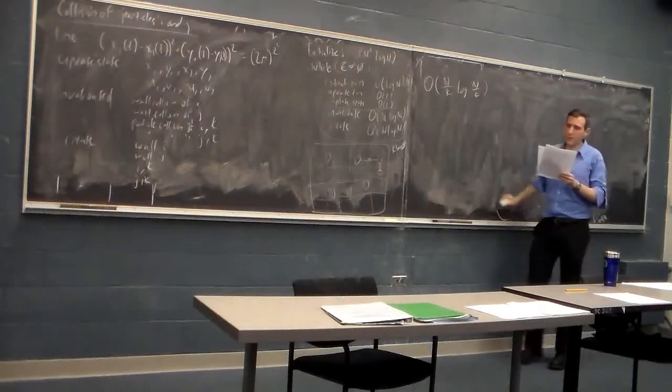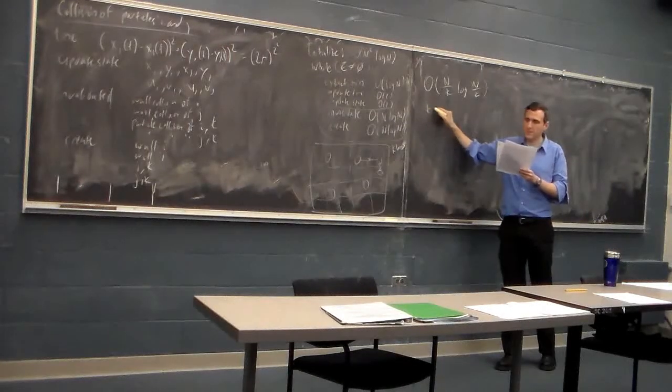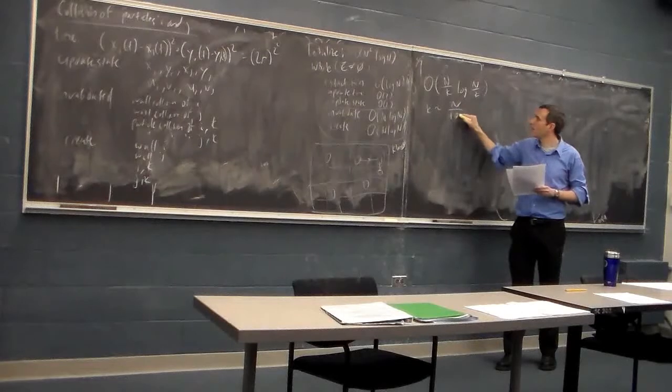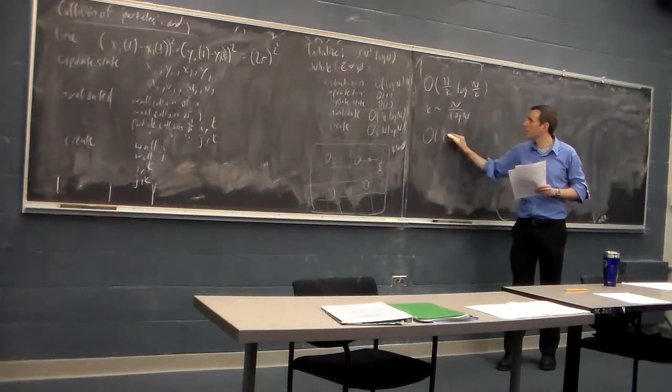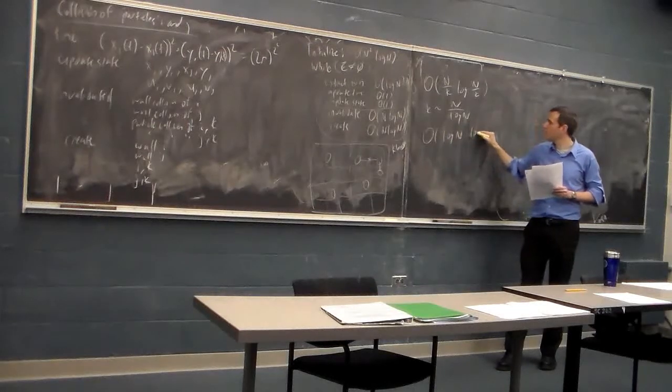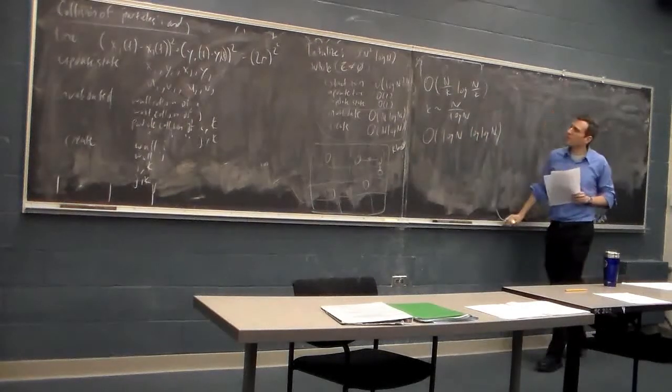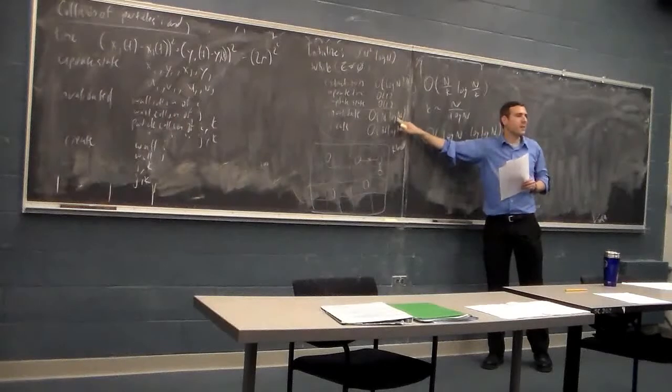And if we're a little clever here and we pick k is about n over log n, then we can bring this down to order log n, bringing down the bottleneck in the event loop.